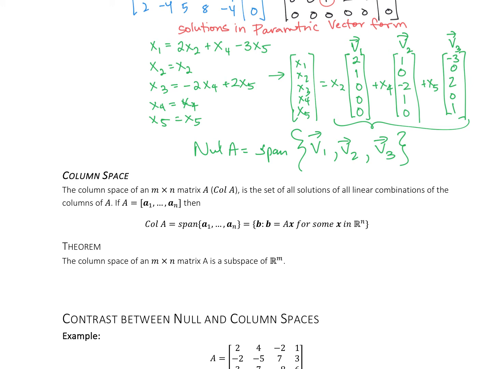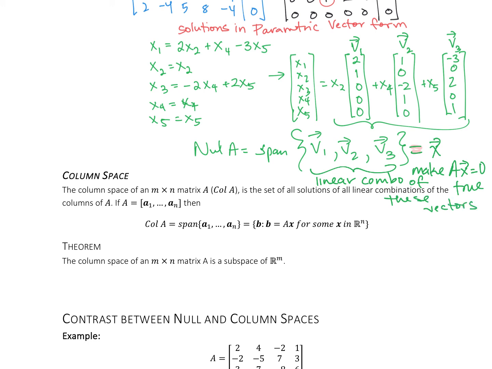So this span is equal to all of the x's that make Ax equals 0 true, because if I pick any x2, x4, and x5, I can backtrack and get x1, x2, x3, x4, x5. That's what these vectors represent: the span is the linear combination of these vectors.